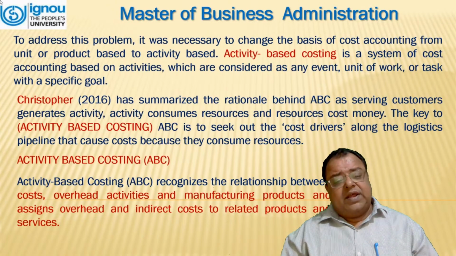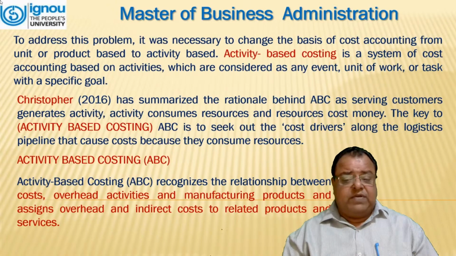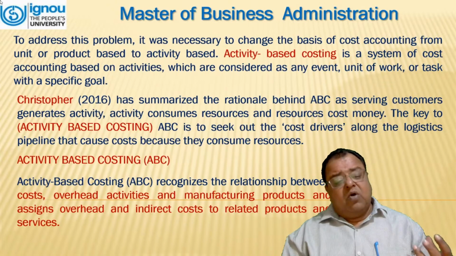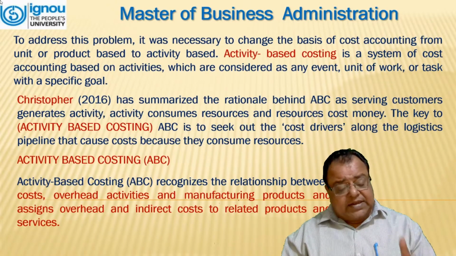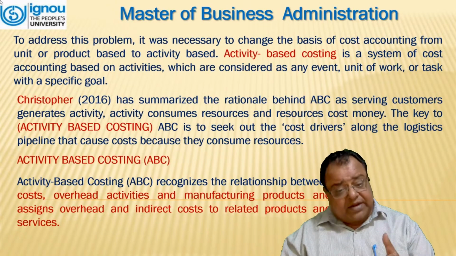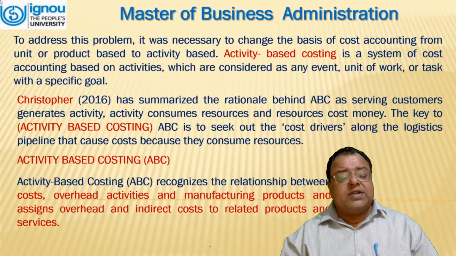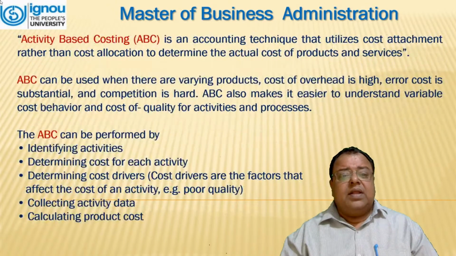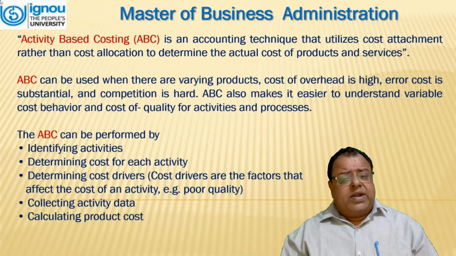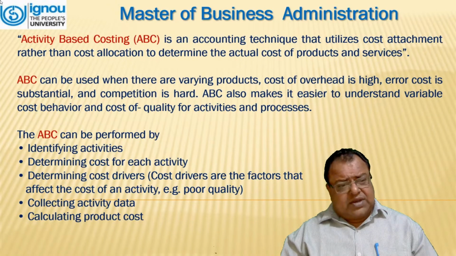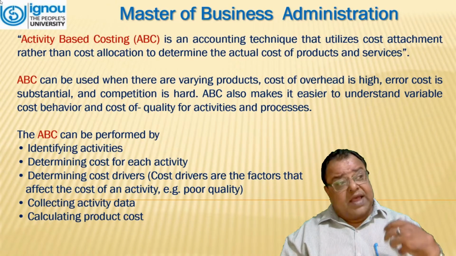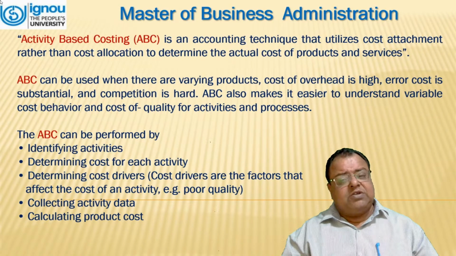Activity-based costing recognizes the relationship between cost, overhead activities, and manufacturing products, and assigns overhead and indirect costs to related products and services. ABC is an accounting technique that utilizes cost attachment rather than cost allocation to determine the actual cost of products and services.